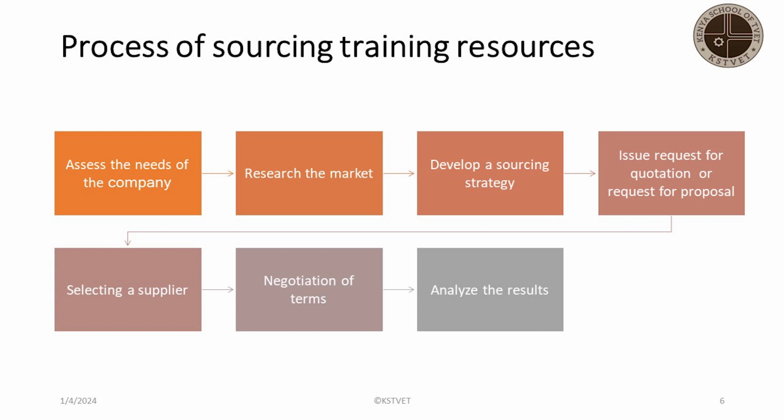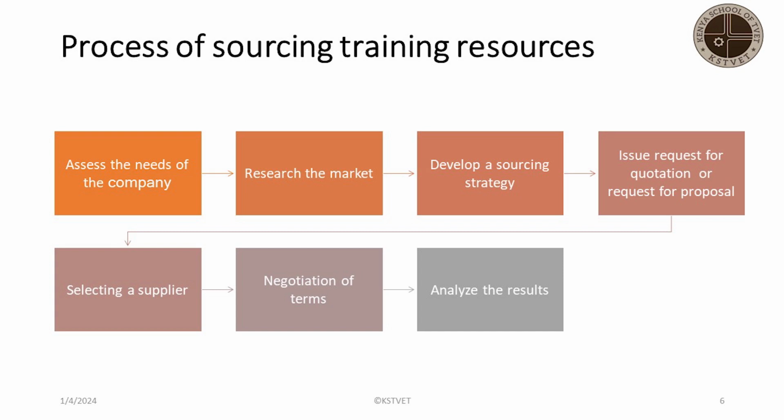You need to know the needs of each department. The second one, you need to research the market to know the potential suppliers or the service providers that you'll be able to choose from. 3. You need to develop a sourcing strategy whereby you'll decide where to buy the goods or services to minimize the costs.